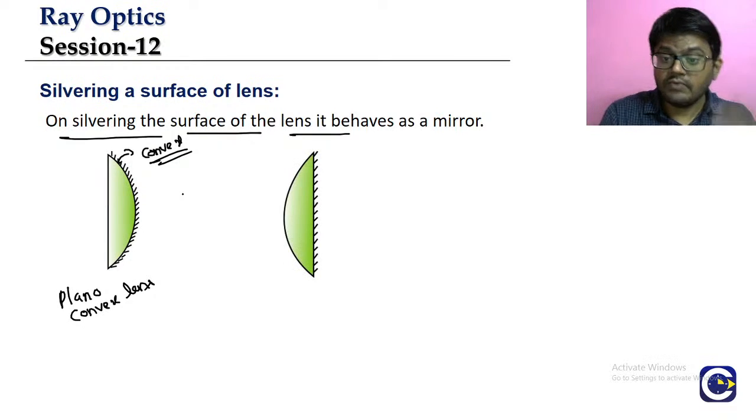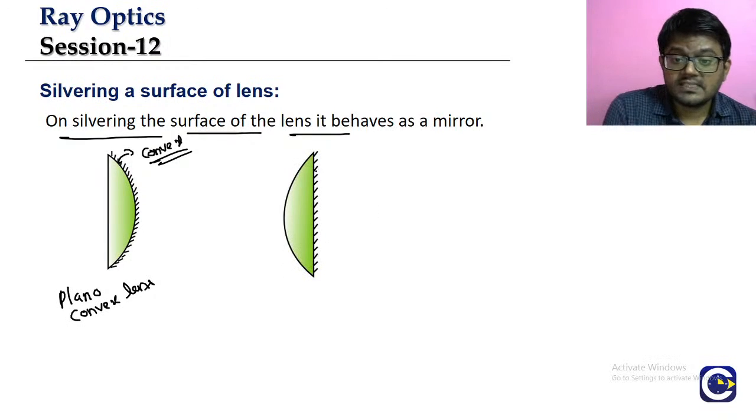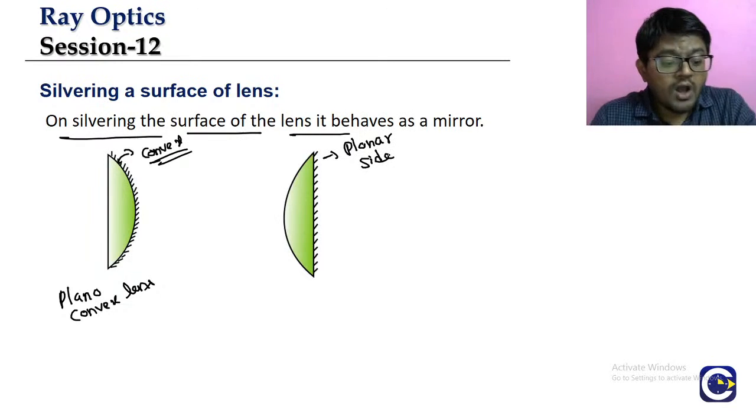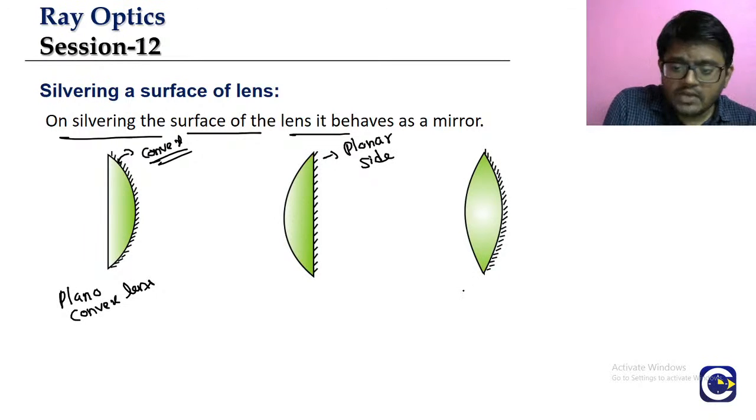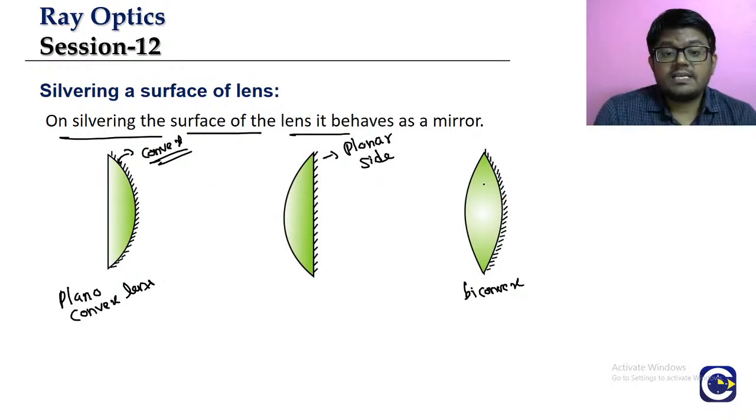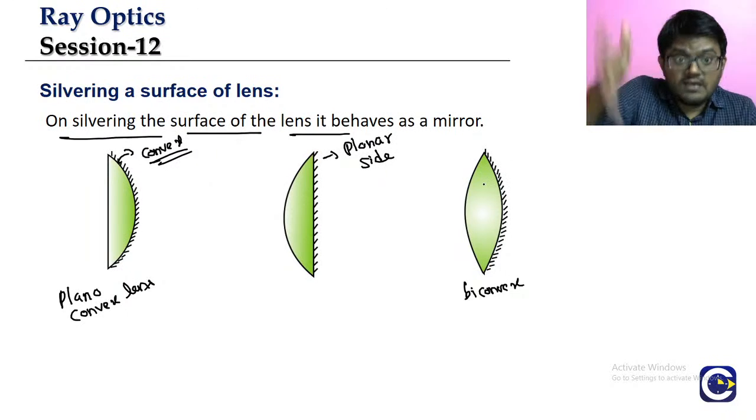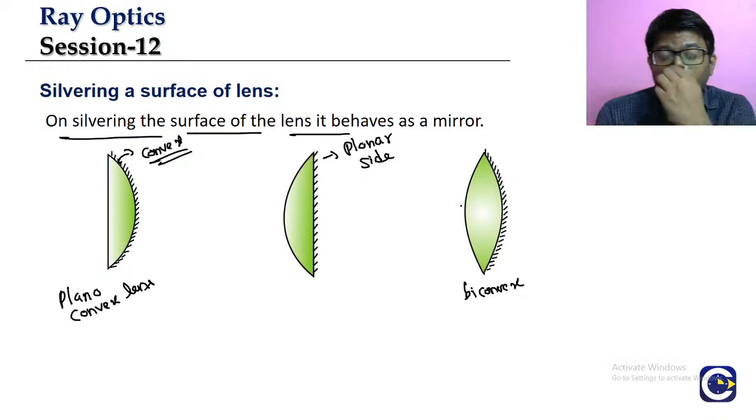Okay, now we can also take the same plano convex lens and coat it on the planar side, or we can have a biconvex lens and coat it. Generally, the way we arrange the lens is we keep our coating on the right side. Okay, so what would happen when we silver or paint a surface of the lens? What is going to happen?